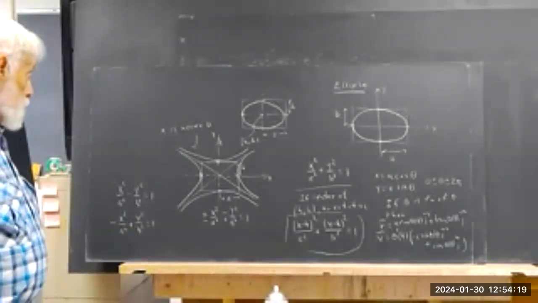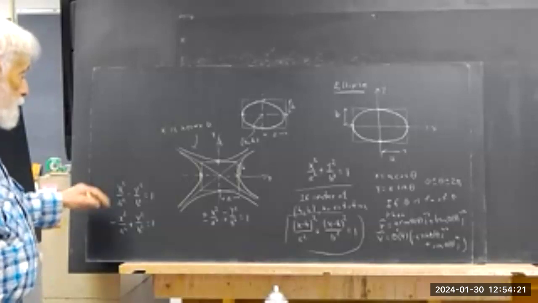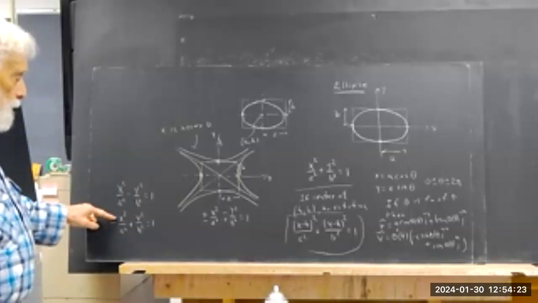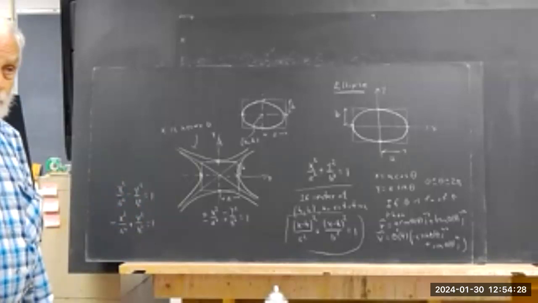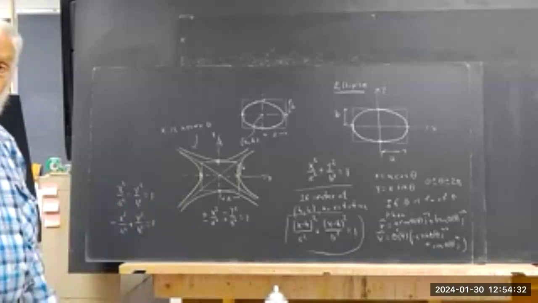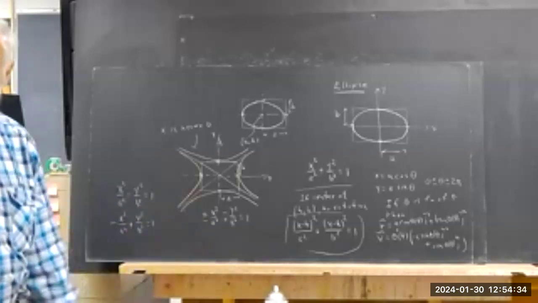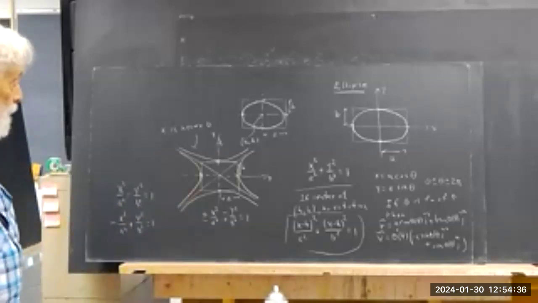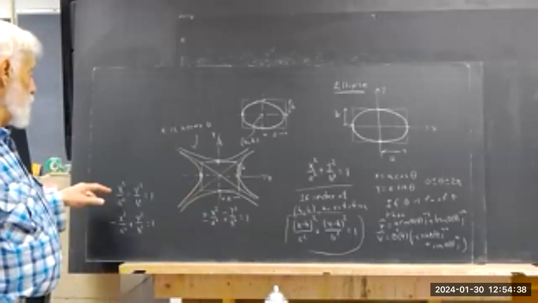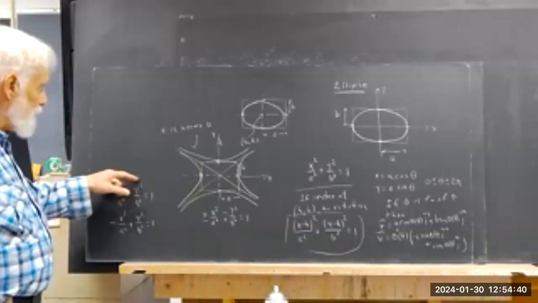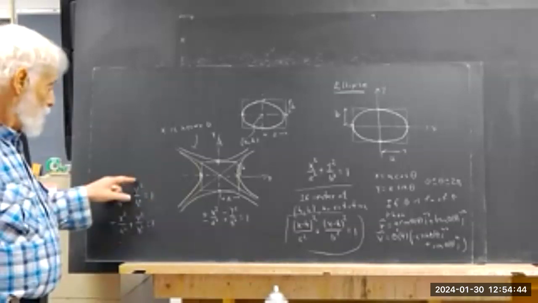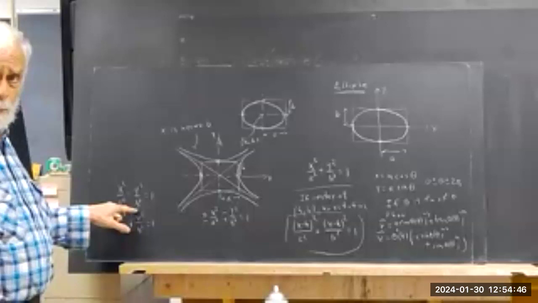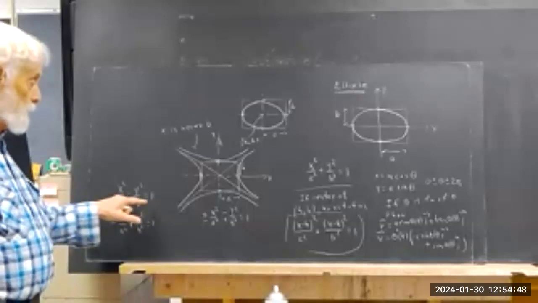If you put x equals 0 in here, you get y squared over b squared equals 1. Anything wrong with that? Yeah, y equals b or y equals negative b. What if you put x equals 0 in here? You have negative y squared over b squared equals 1. Well, y squared over b squared is a positive number, so you have a negative number equals a positive number.